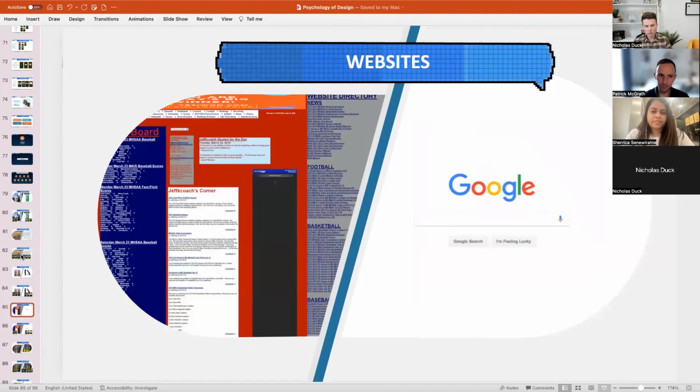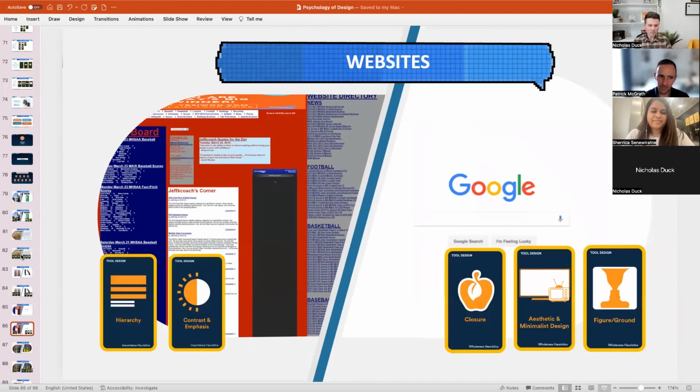Having a look at a wonderful web interface. If we look at the one on the left, we don't see these sorts of websites as much anymore, but those of you who are old enough to remember the first websites, these were fairly common. Again, the one on the left does utilize a certain level of hierarchy. It's got headings and subheadings.